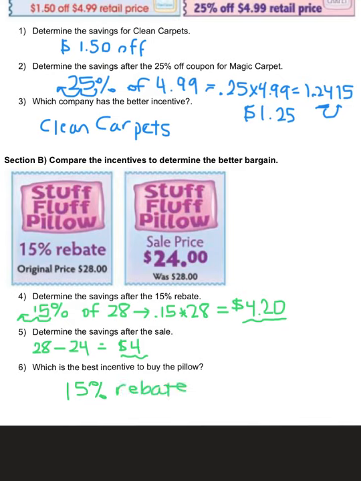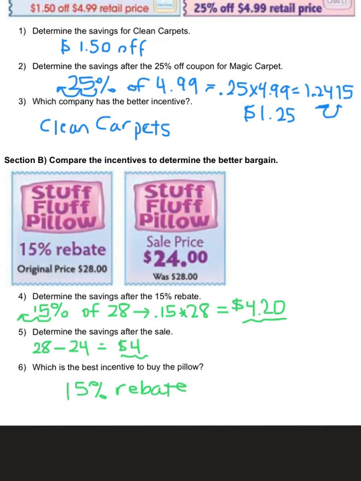So when you're doing your assignment, you're going to be comparing some that will have percentages, some that will have dollar amounts, but if it has the percentage in the problem, you're going to need to do the calculation of the percent in decimal form times the original.